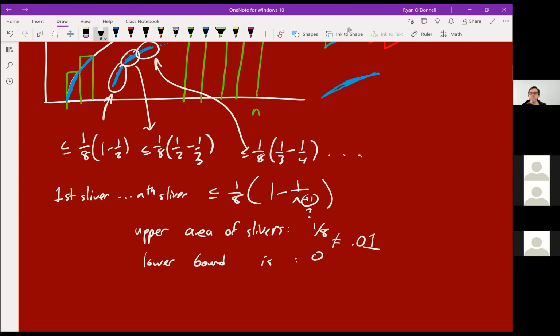So that's why it was kind of confusing to me that we were ditching the 1/8 times 1 minus 1 over n. It seems like we should keep that around. Maybe. Well, okay, so actually, how accurately do you need to know the area of the slivers in order to solve the problem?